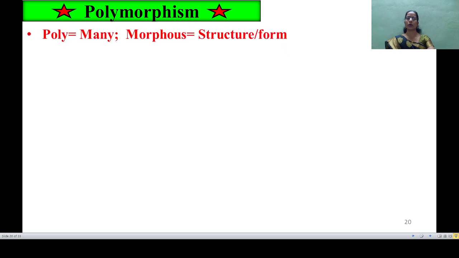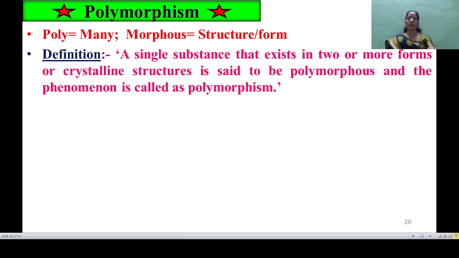Okay, now we will study the next important term, that is polymorphism. Again, poly means many and morphous means structure or form. So see the definition of polymorphism. A single substance that exists in two or more forms or crystalline structures is said to be polymorphous and the phenomenon is called polymorphism.